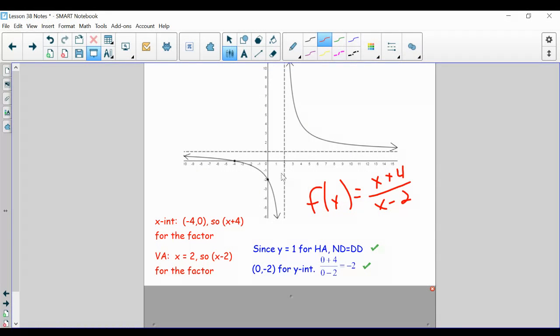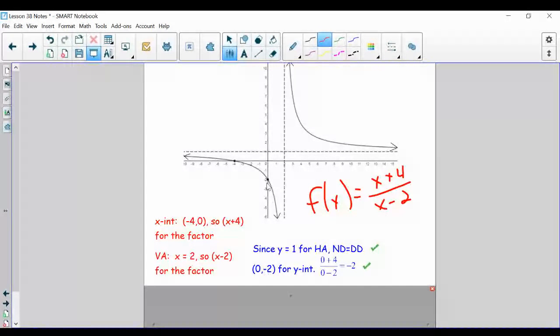Then we need to check and see if our horizontal asymptote, in this case, is going to fit. Because we have a horizontal asymptote at y equal to 1, from those rules, when you have y equal to some number besides 0, that means numerator and denominator degree need to be equal. Well, they do. This is x to the first, and this is x to the first.